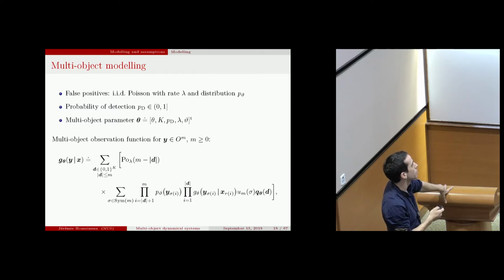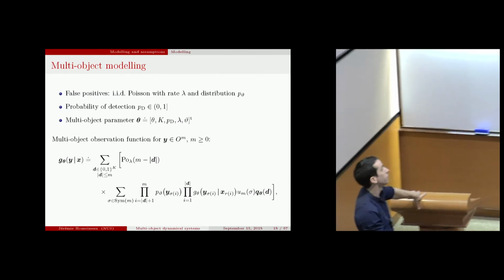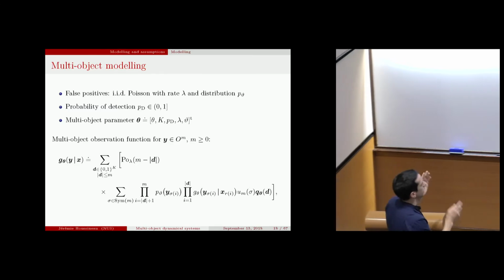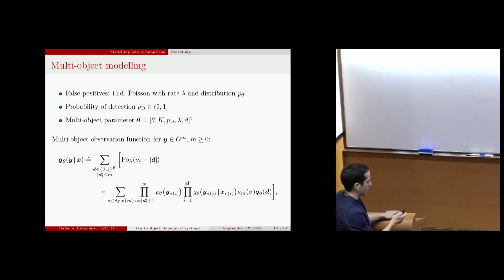Depending on how many you detect, is it likely that the remaining observations are false alarms? Then you have to look at all associations between your objects and your observations, so you have the sum over all permutations here, and then the likelihood for each object. That's complicated, but you can still say something if you're interested.